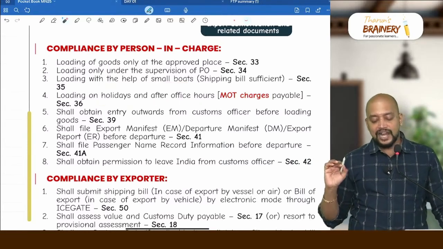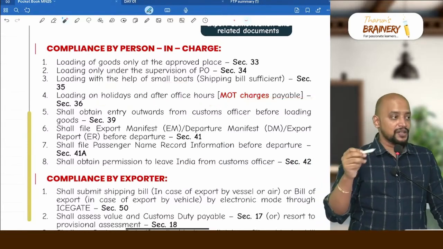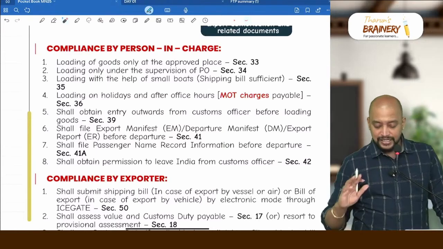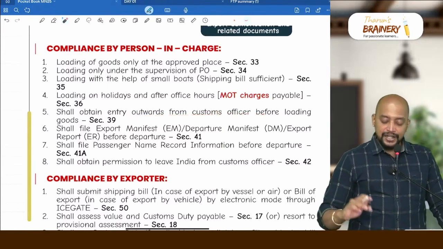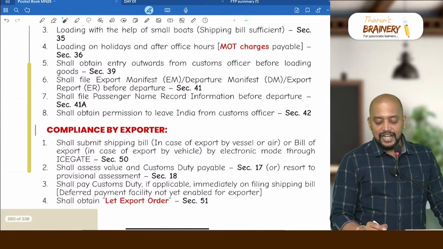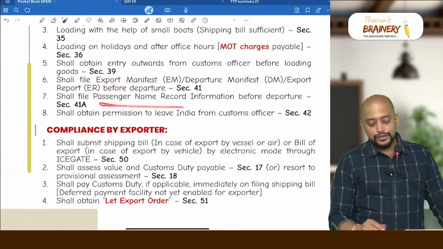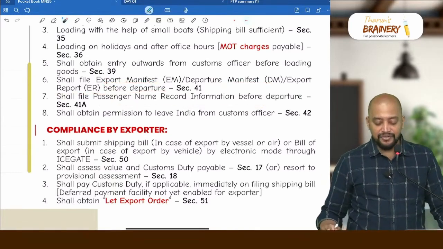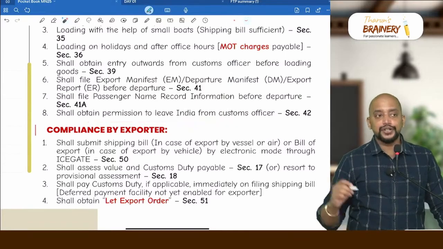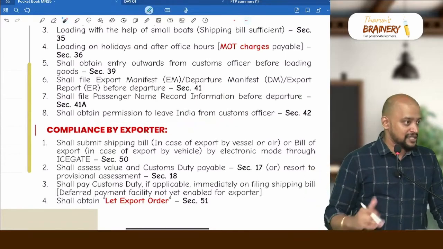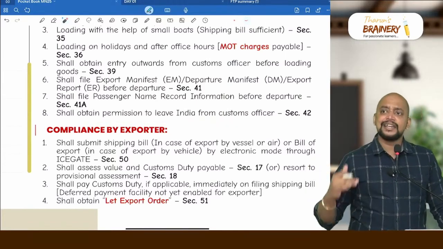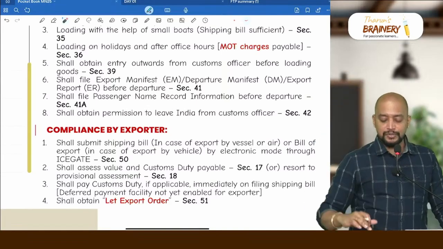For loading on holidays and after office hours, MOT charges are payable, which is exempted under GST. Same, they shall obtain grant of entry outwards, and they will file the export manifest, departure manifest or export report. Also they will file passenger name record information and shall obtain permission to leave India from the customs officer. So these are all literally a replica of the import process to be followed.